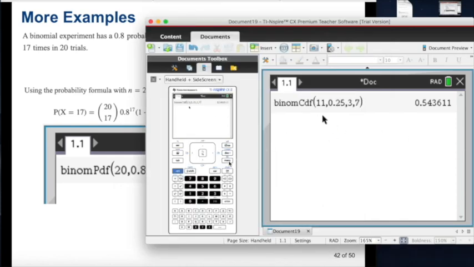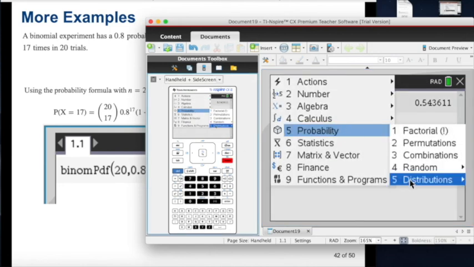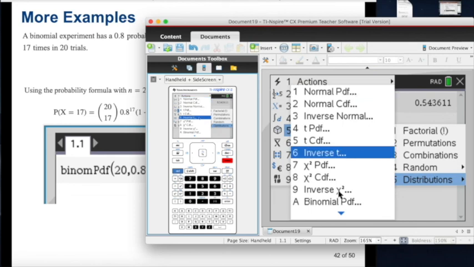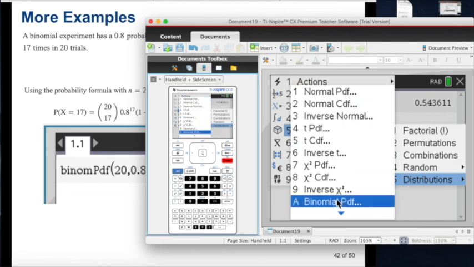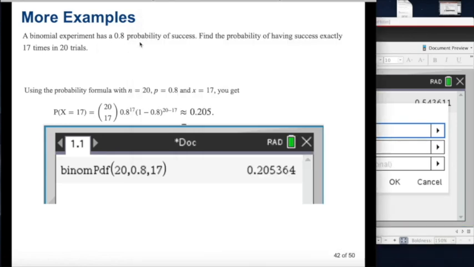Okay, again we go to menu, probability distribution, binomial PDF, because they want number of success exactly 17 times. Okay, there are 20 trials, that's given there. The probability of success, 0.8.